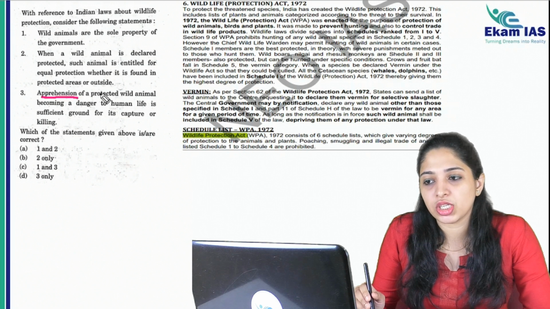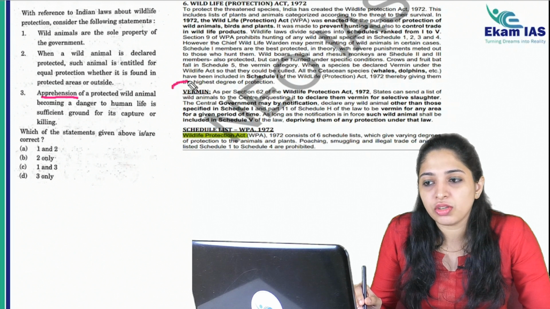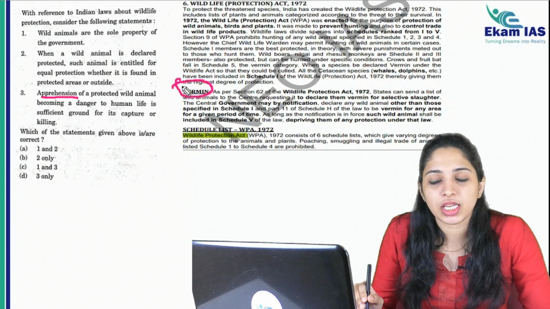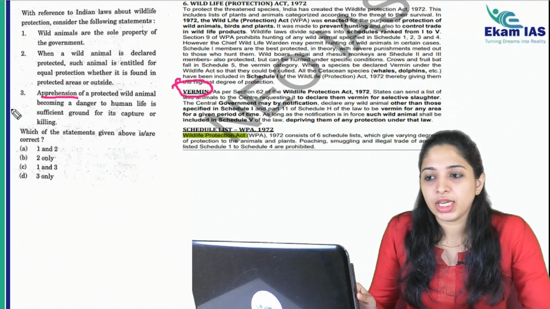Under the Wildlife Protection Act, under Schedule 5, that animal should be declared vermin by the central government. Why was this question asked? Because recently, the Kerala government sought the power to declare an animal as vermin, but it was denied.